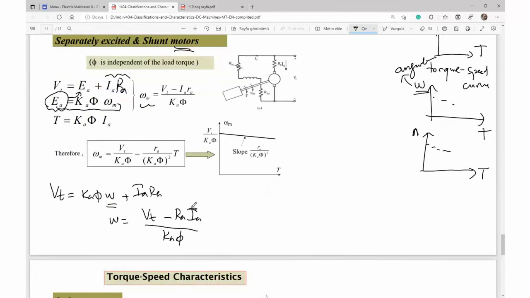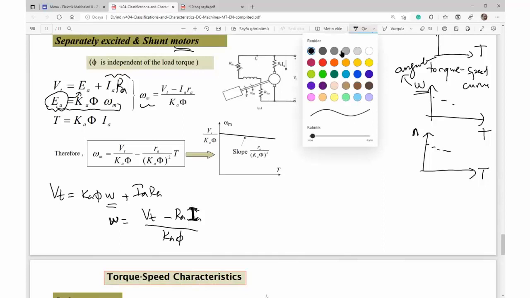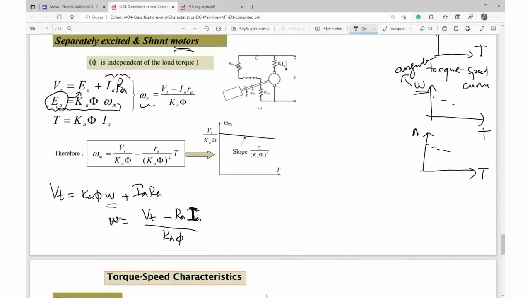Here's current. Here's angular speed. You got it? You got angular speed. Here it is. But you need torque, but it is not in this equation. You know torque is equal to Ka times flux times current. Instead of, let's take current.